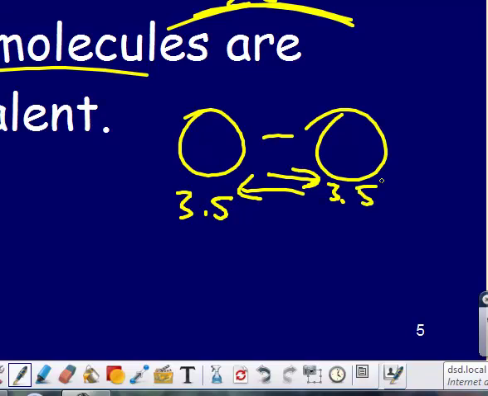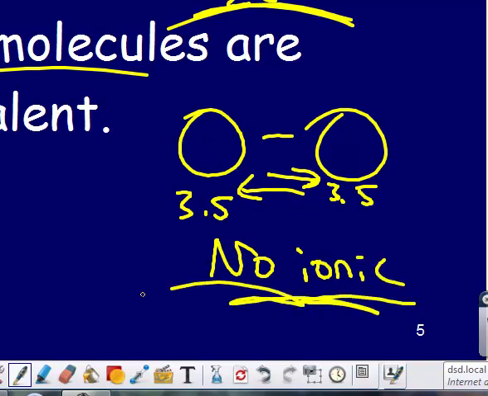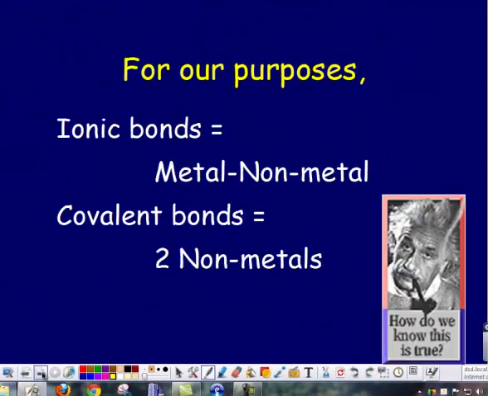So the tug of war here is nobody's winning. So nobody's pulling the electrons closer to themselves. And so that is a perfectly shared electron cloud or interaction, and we call that 100% covalent. It has no ionic character. Why? Well, because they're pulling equally. They're the only bonds. So the only bonds that are going to have that are ones that have a 0 difference in electronegativity.